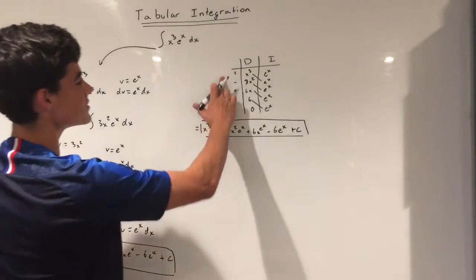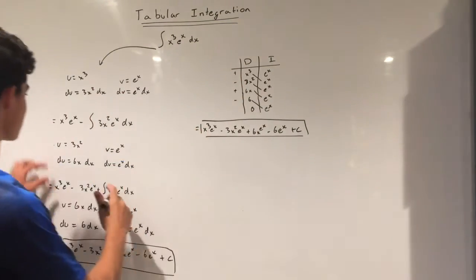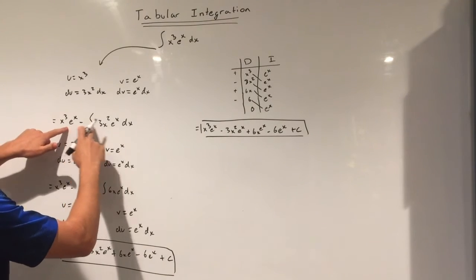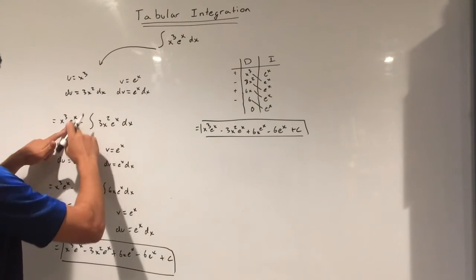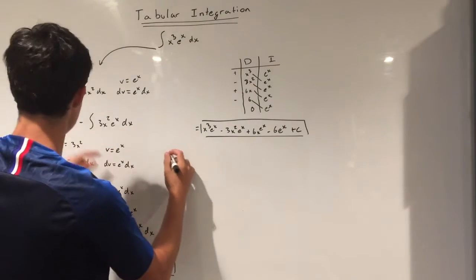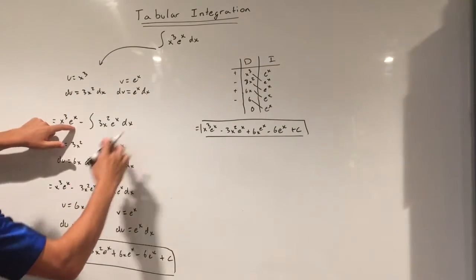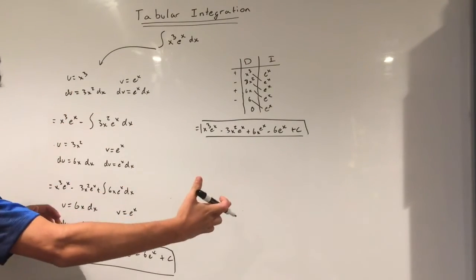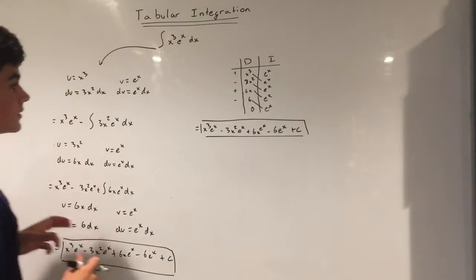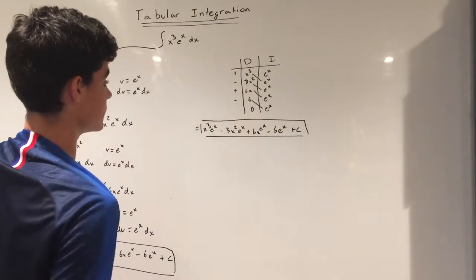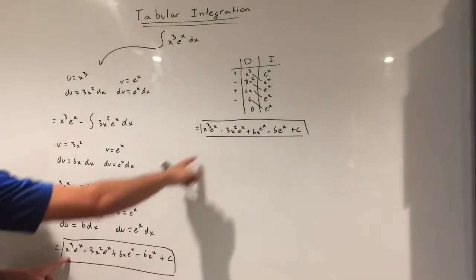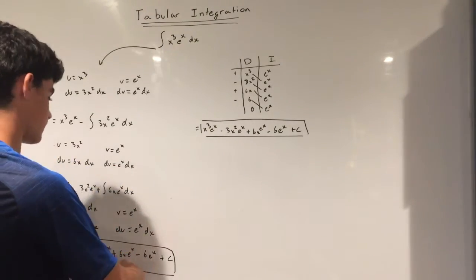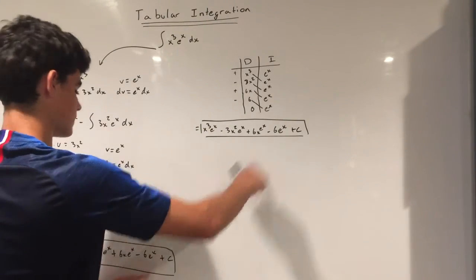The main reason why the plus and minus comes in is because every time we do uv minus the integral, it's this minus right here that always changes, because when you do multiple of them, it's going to be minus minus, and so the next one's going to be positive while that one stays negative. And so that's why we get the alternating sign. And as we can see, all the terms match up. And then plus c at the end.